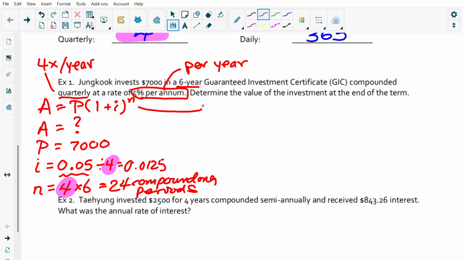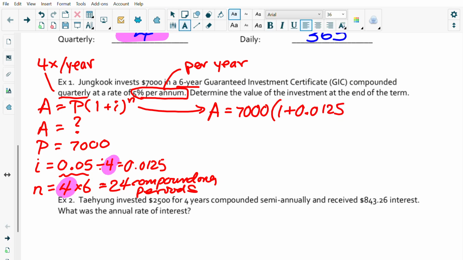So let's use the equation here. A, don't know, equals P, which is 7,000 times 1 plus i is 0.0125, the quarterly interest rate, right? And then the number of compounding periods, n, is 24.